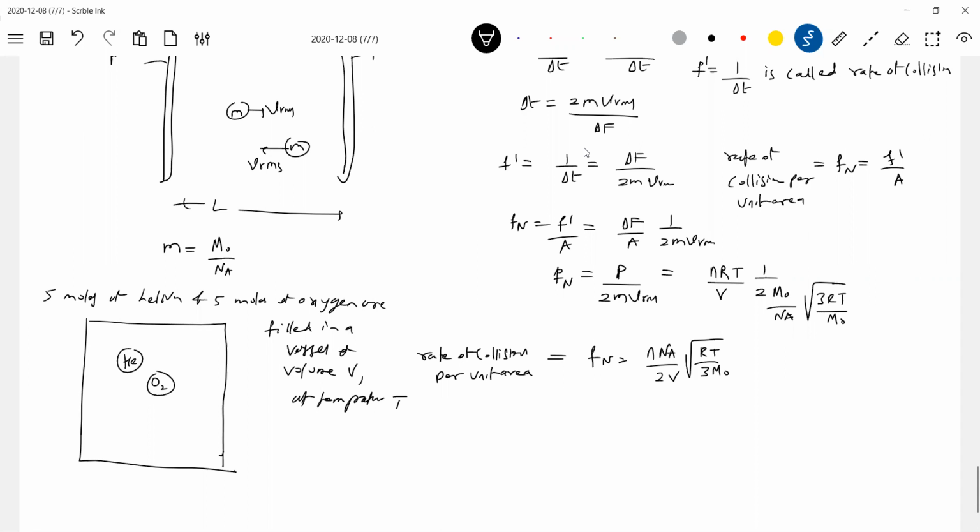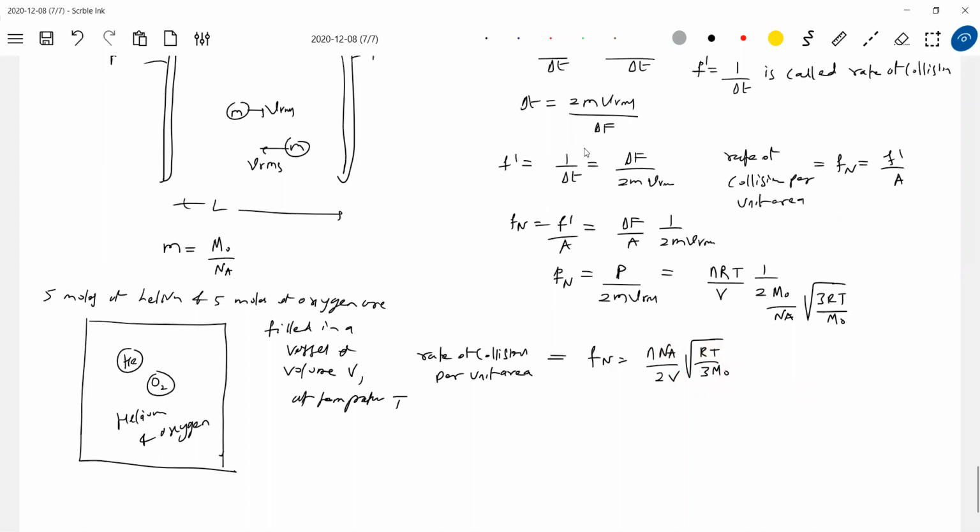Now I'm asking which molecules will have more rate of collision per unit area. Will both have the same rate of collision per unit area? The number of moles is the same, 5 moles each. The volume of helium should be the volume of oxygen also. The Avogadro number and temperature are the same, but the molecular mass of oxygen is more.